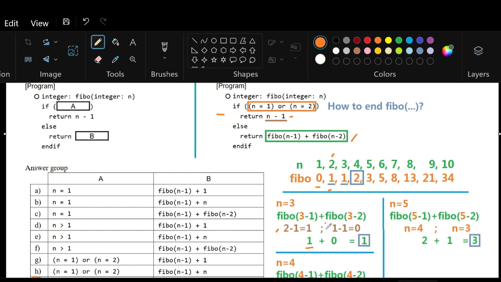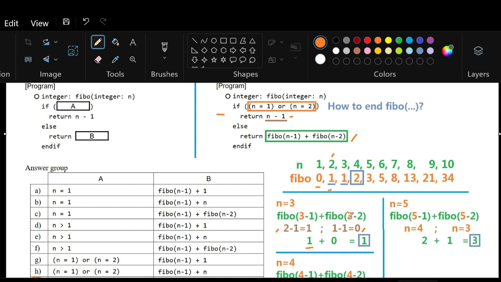Okay, if we call Fibo again and put in as argument the input parameter 3 minus 2, that should give us 1, and it will go here, and 1 minus 1 should give us 0, and so 1 plus 0 is equal to 1.